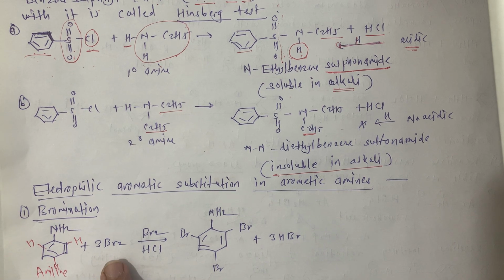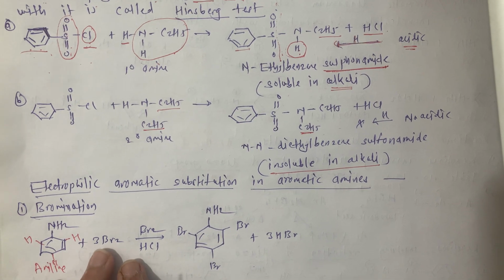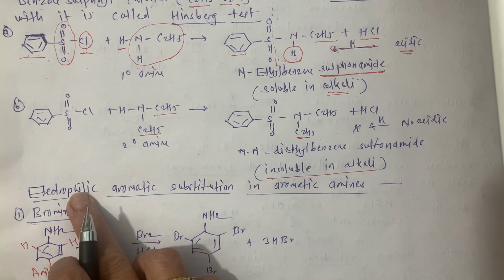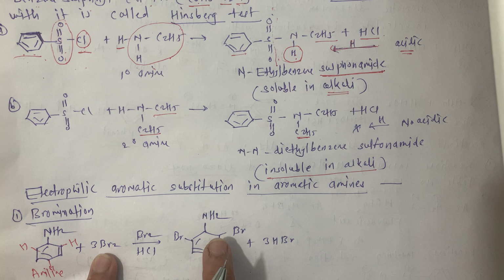Here it is Br plus, not Br minus, so this is an electrophile. It is going to love this position, and here the pi bonds are delocalized on this aromatic ring.